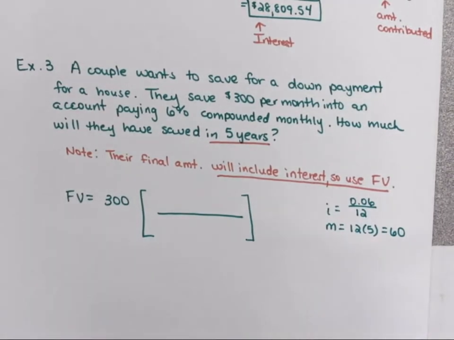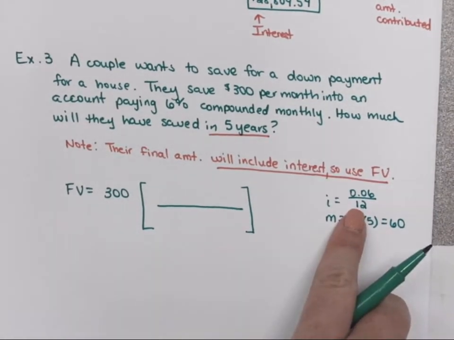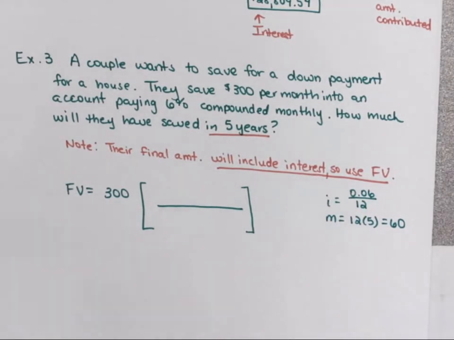Okay. By the way, this interest rate actually turns into something pleasant, because 6 is divisible by 12, frankly. So if you want to go ahead and figure out what I is and then put that in the formula instead of the fraction, you can. But when can you not do that? If the fraction comes out to be what? Yeah, like a repeating decimal of some sort.